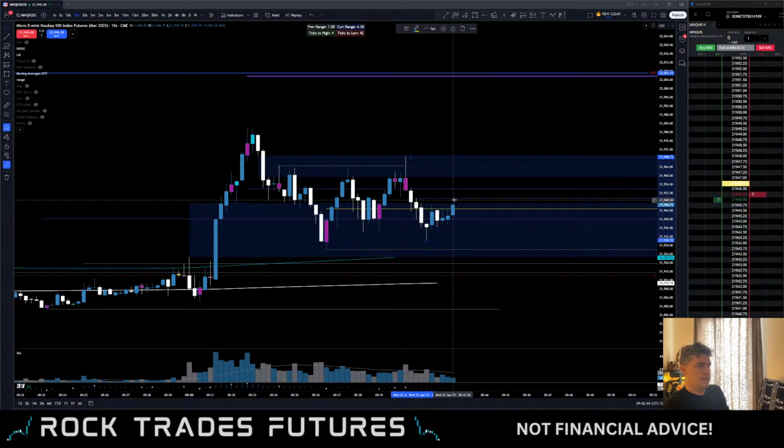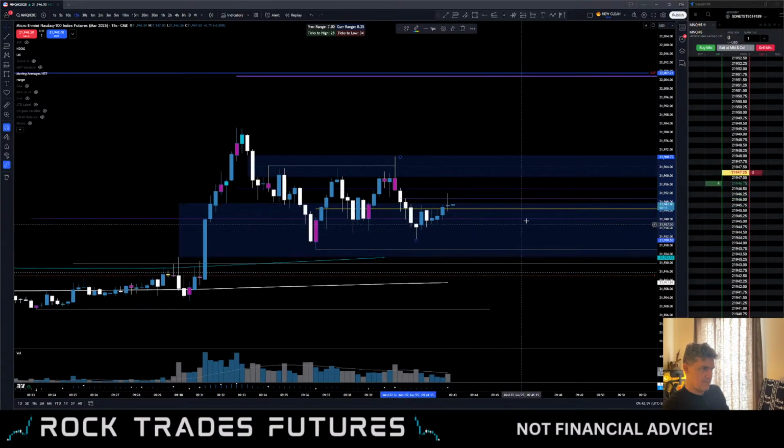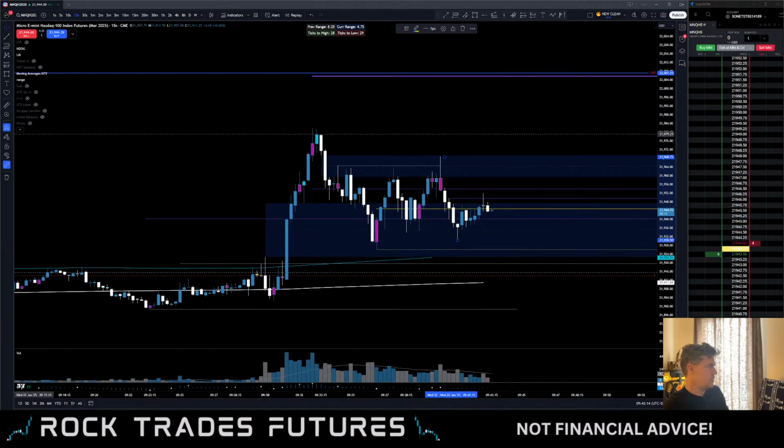Would like to see probably price reverse here. Yep. Push up to this 50%. Tap the 20 period. Attempting to sell here. A little too close to the open.